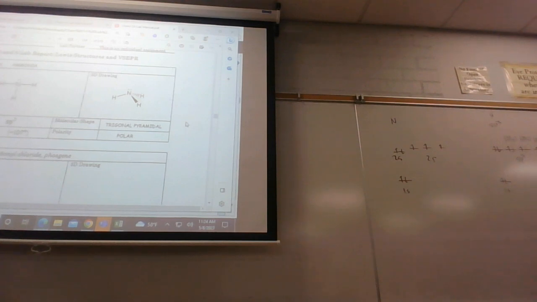And so this is called an s-sp3 sigma bond, because of where the overlap occurs. We'll talk about that later when we get to the chapter on it. But right now, we just want to visualize what's happening with the atomic orbitals and how they're overlapping. This is valence bond theory. Atomic orbitals and the overlap of atomic orbitals create bonds.